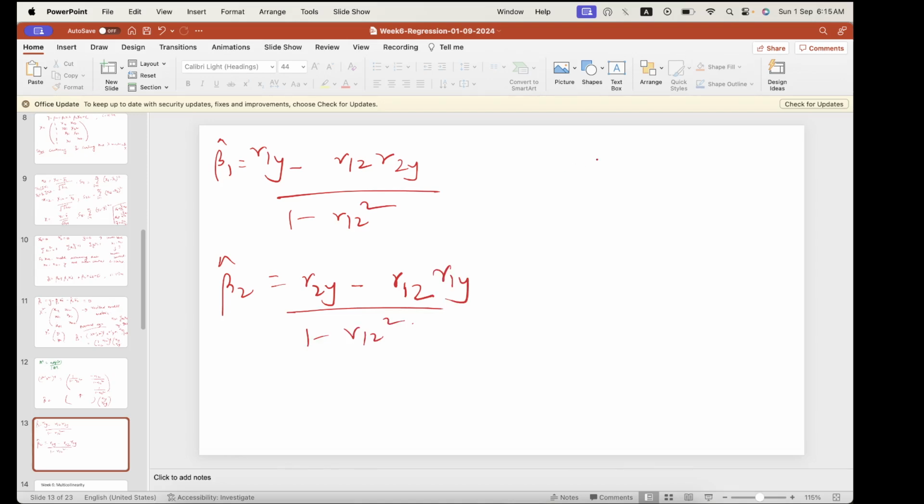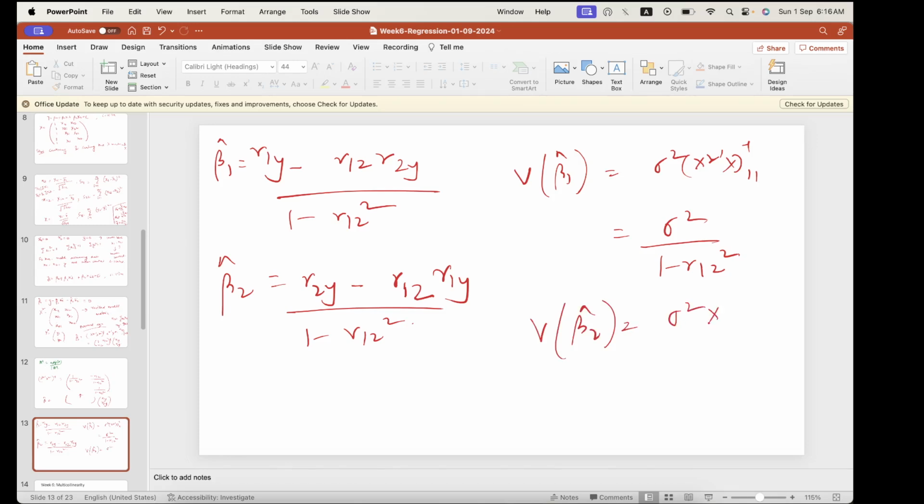Now variance of beta 1 hat in that case would be sigma square times the 1,1th element of x star prime x star inverse, so that will be sigma square by 1 minus r12 square. And variance of beta 2 hat is also the same, sigma square times the 2,2th element, sigma square by 1 minus r12 square.